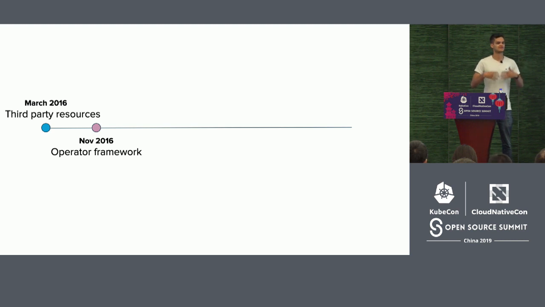But when things have state and are stateful, you need to concern yourself with the day two operations, like taking a backup, keeping the thing running, making sure things have quorum, that sort of stuff. And so CoreOS developed this framework that allowed you to extend the Kubernetes API to run stateful workloads.